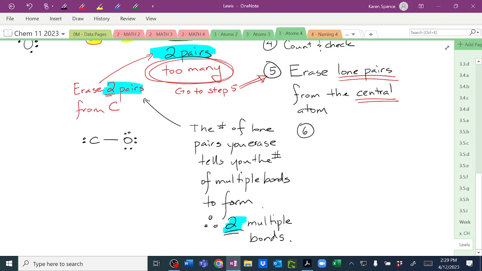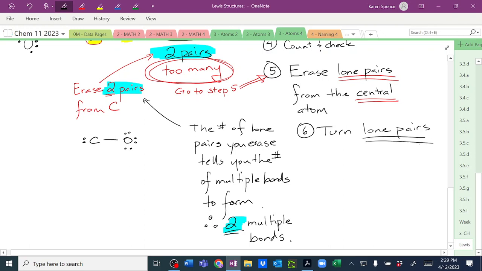We turn lone pairs into bonding pairs until the central atom has 8 electrons.